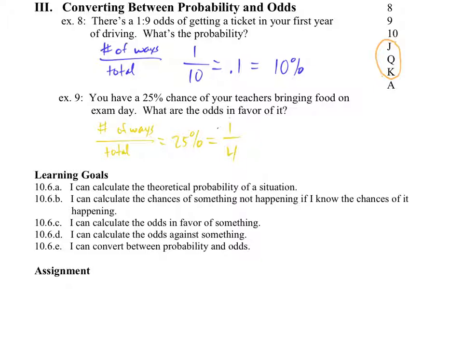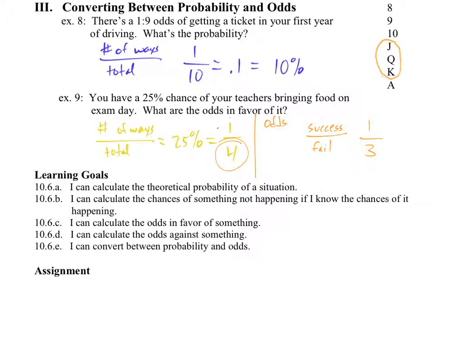So if we want odds in favor, that was our probability or our percent on the one side. If we're talking odds, basically we're looking for number of ways for success over number of ways to fail. Number of ways for success would be 1. Number of ways to fail would be 3, because 4 is the total.